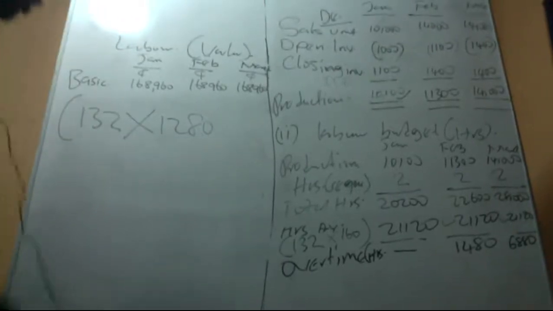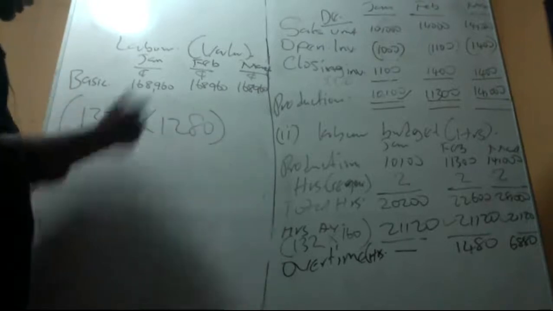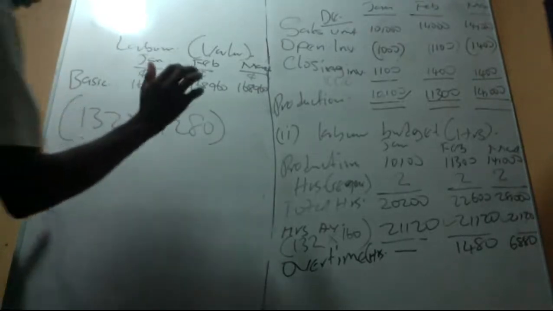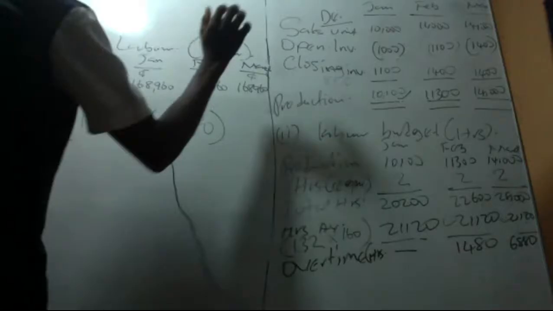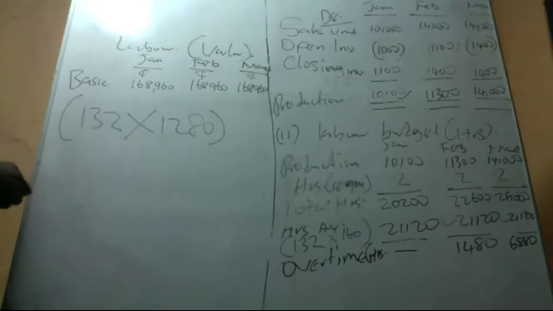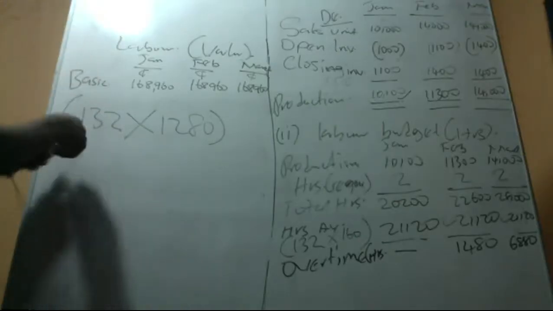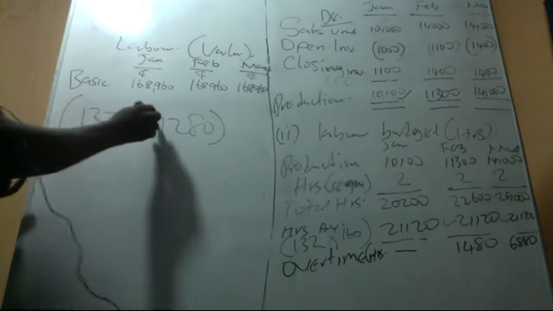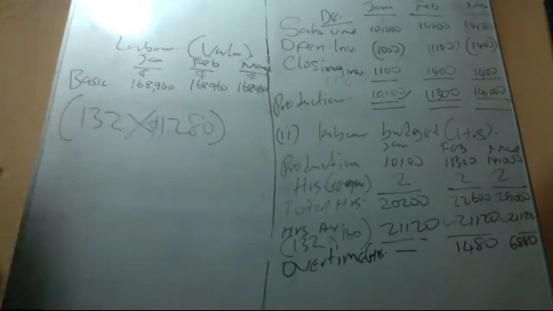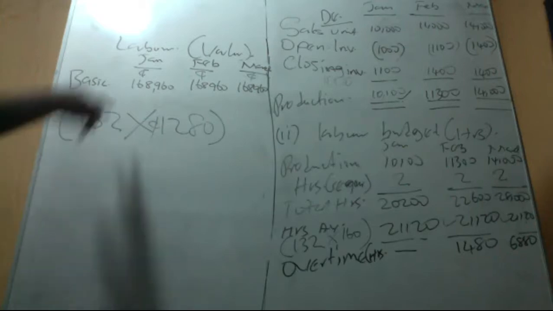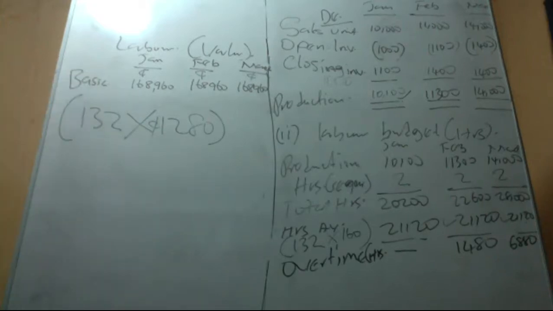1,280 from the question. So basically, each and every month, what will be the total amount that you are going to spend on them? So the total amount will be 130 employees times 1,280 cedis. And putting all together, we had 168,960 Ghana cedis.